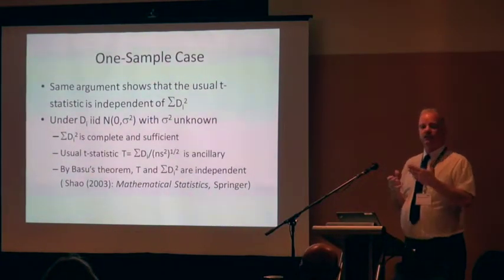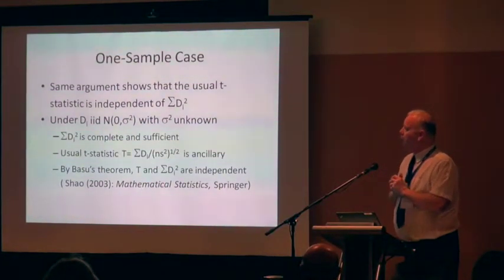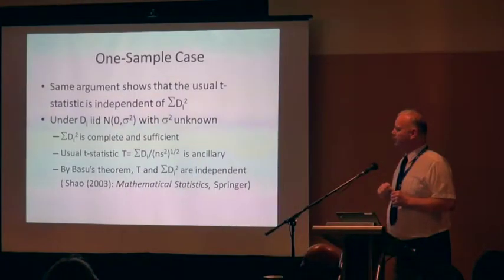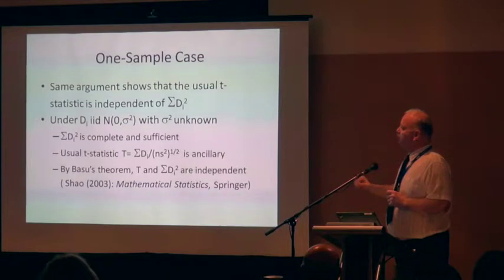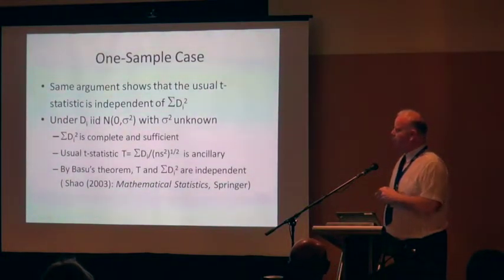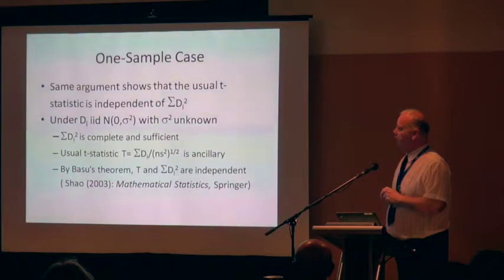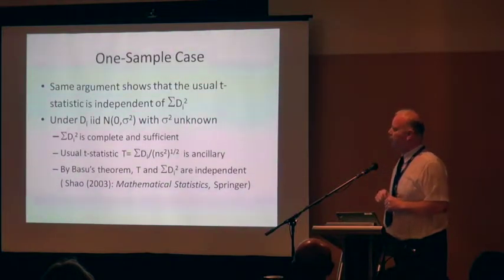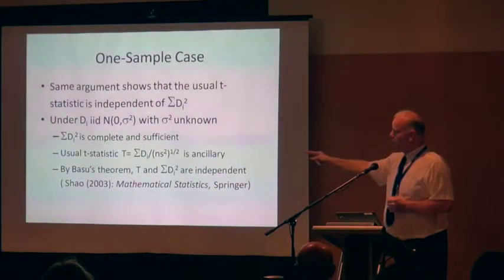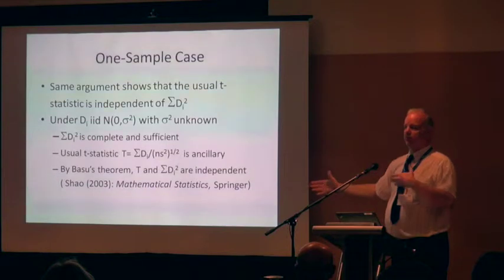And in fact, the same argument can be used with the usual T statistic. We don't have to use the funny looking T statistic. So under the null hypothesis, that we have IID observations with mean zero and variance sigma squared unknown, the sum of the di squared, as I said, is complete and sufficient, and the usual T statistic is also ancillary for the same reason as before.